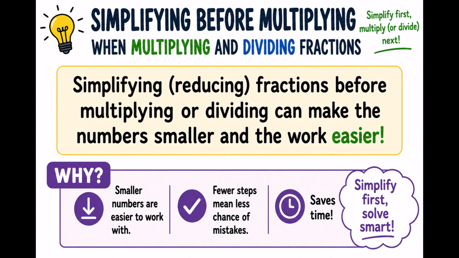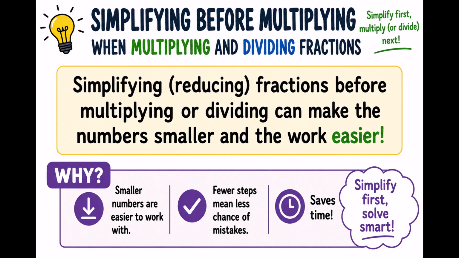So simplifying before multiplying. We're multiplying and dividing fractions. So simplify first, multiply or divide next. Simplifying simply means reducing. So reducing the fractions before multiplying or dividing can make the numbers smaller and the work easier.